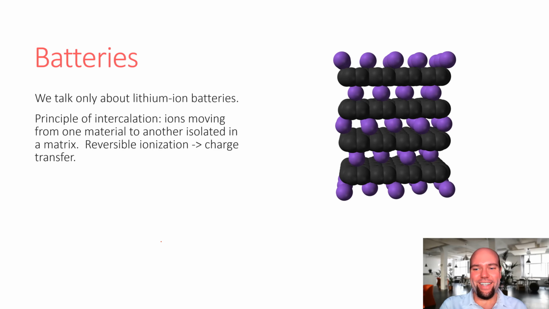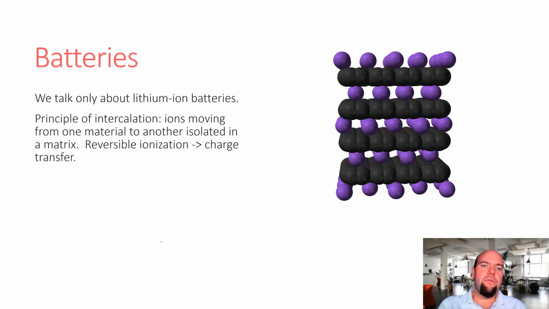And in the case of lithium ion batteries, this is a reversible process. So these lithium ions can become trapped in a matrix, which is one of the terminals of the battery. And then it is possible through an electrochemical process of ionization and deionization that they can move in and out of this matrix.